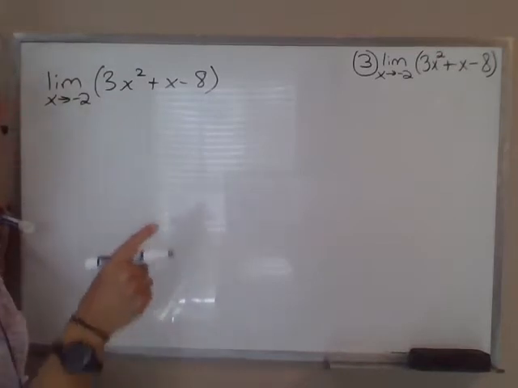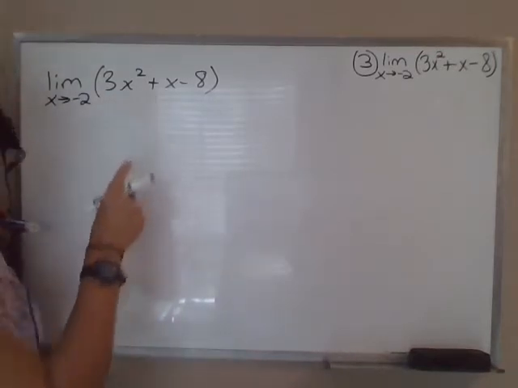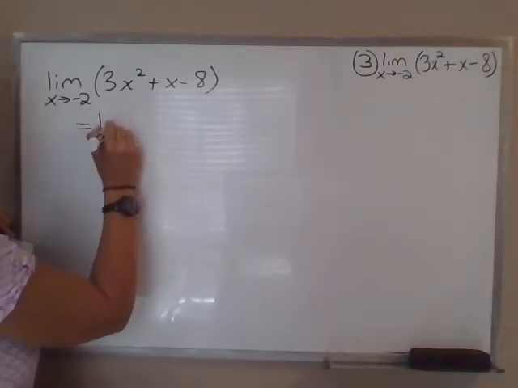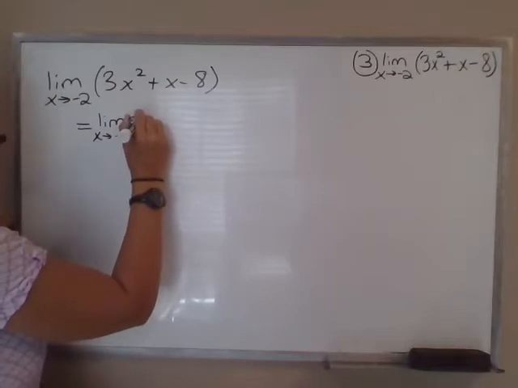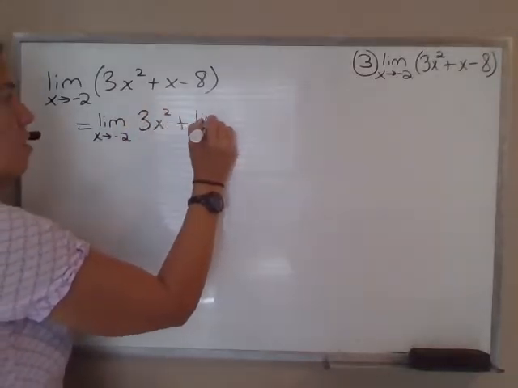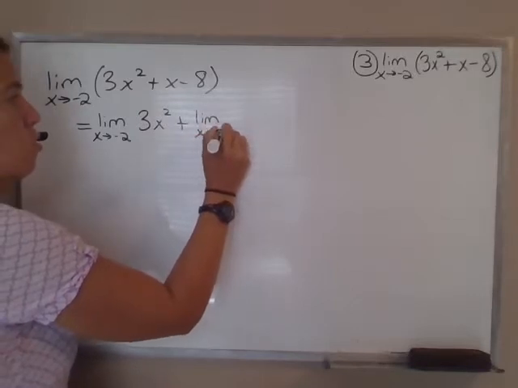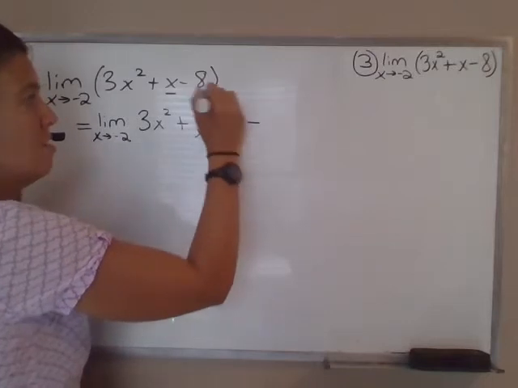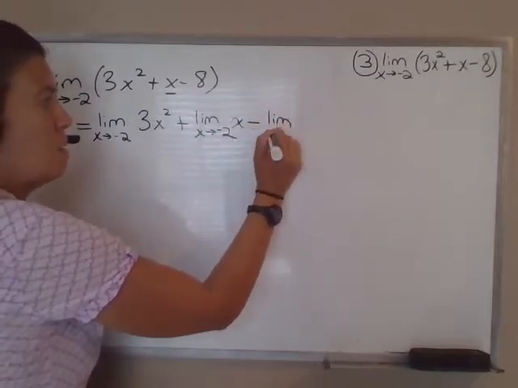Applying those properties one at a time. First of all, when you've got a sum of two functions inside your limit, you're allowed to separate that into the limit as x approaches negative 2 of the first part, the 3x squared, plus the limit as x approaches negative 2 of just the x, and then minus the limit of that last piece.